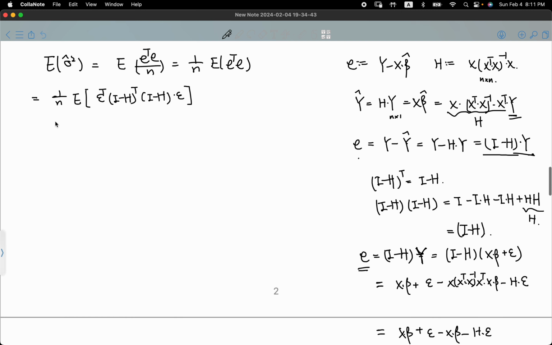Here we're going to use the things that we commented on earlier. I minus H is symmetric. You can verify that by yourself: H is symmetric, I is also symmetric, so it's symmetric. After it's symmetric, we can remove the transpose here. Also, it's idempotent altogether.